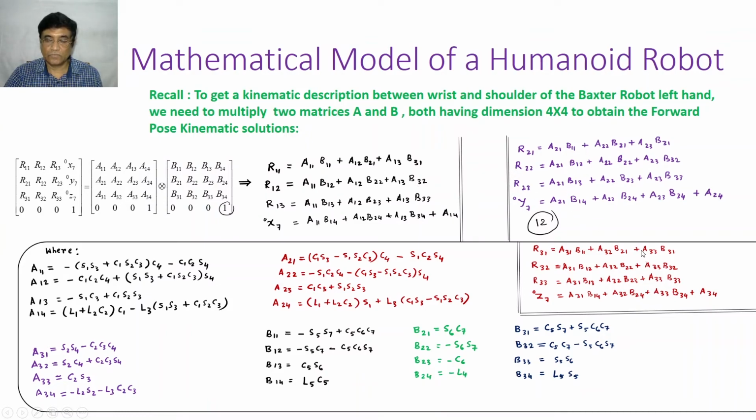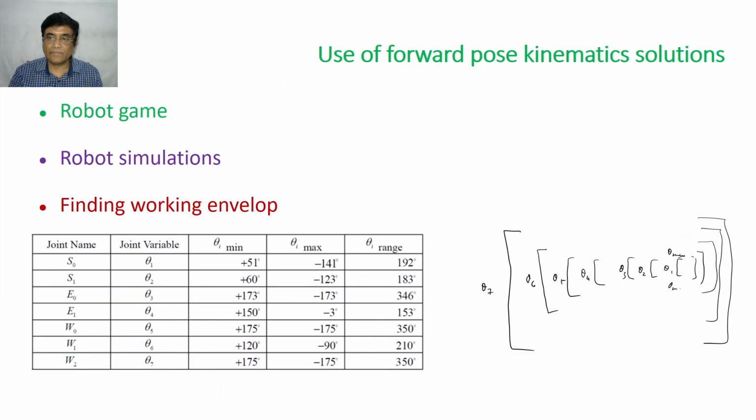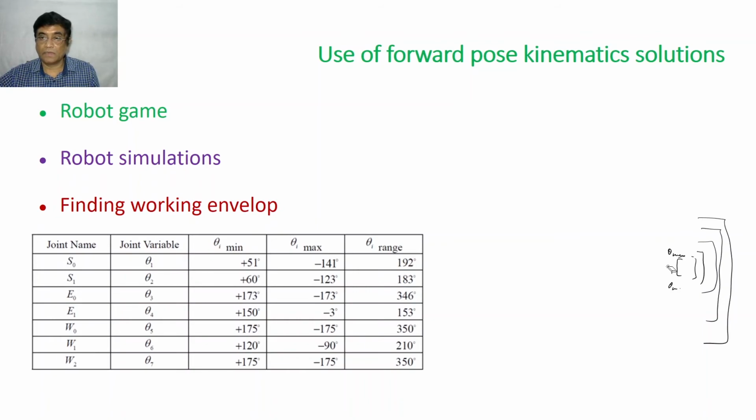You capture them, and if you know how to use graphics, you will be able to figure out the working envelope of this type of robot. So these are the things you can do using forward kinematics.